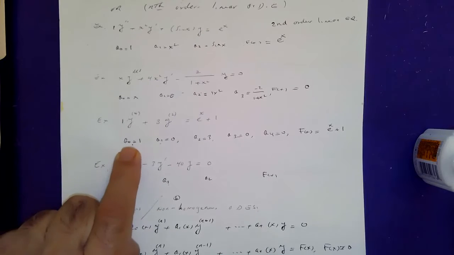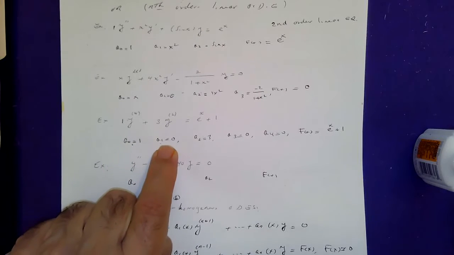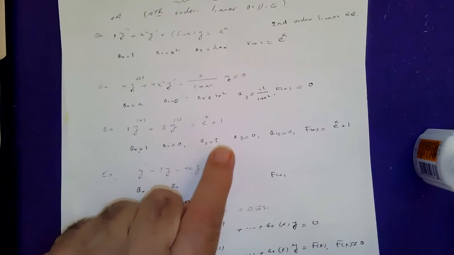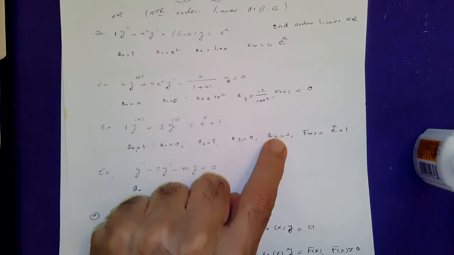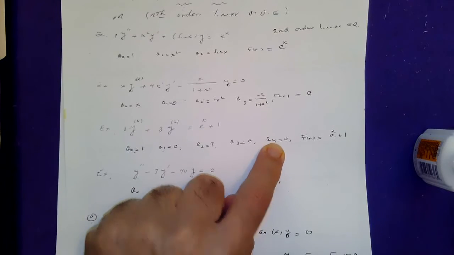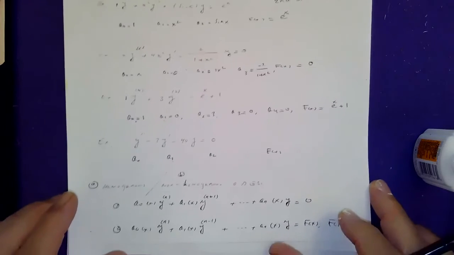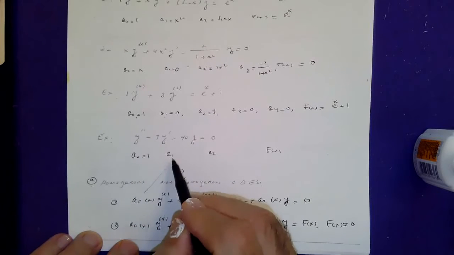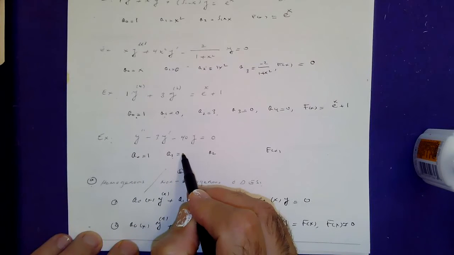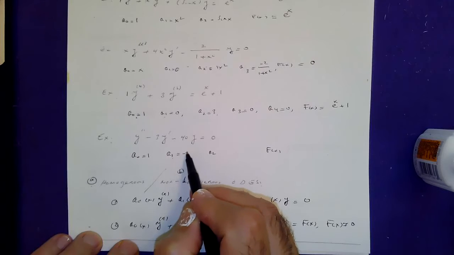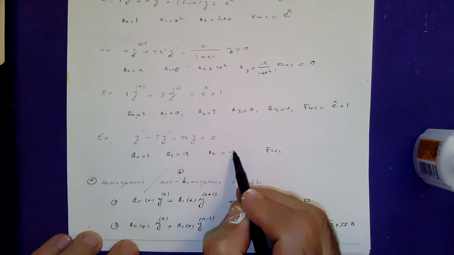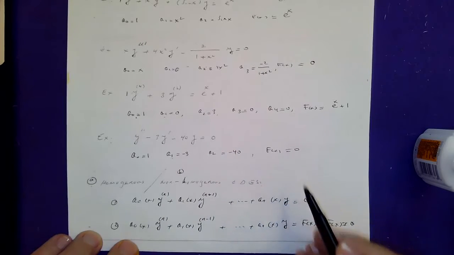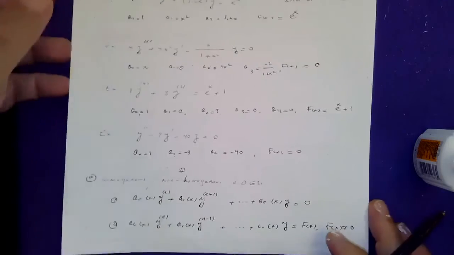So this is the coefficient of the fourth derivative, third derivative, second derivative, first derivative, the coefficient of y, and the external function on the right side. Here, a sub 0 is 1, a sub 1 is negative 3, a sub 2 is negative 40, and there is no f of x on the right side.